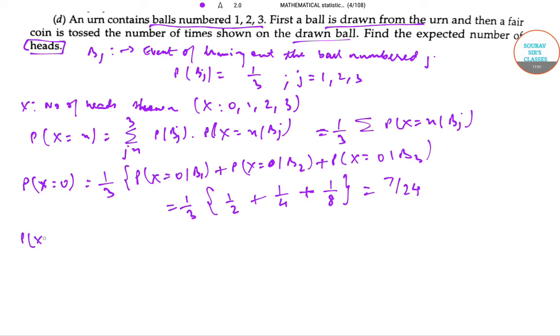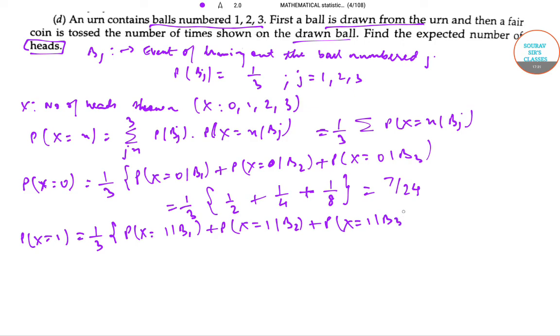Similarly, probability x is equal to 1 is equal to 1 by 3 times probability x is equal to 1 given b1 plus probability x is equal to 1 given b2 plus probability x is equal to 1 given b3. Given the first ball was drawn, you toss a coin 1 time, so the probability of getting a head is half.